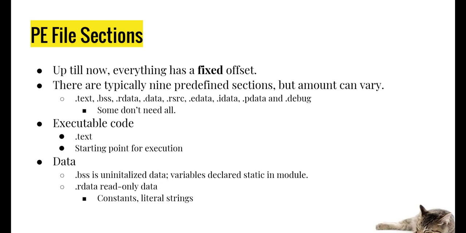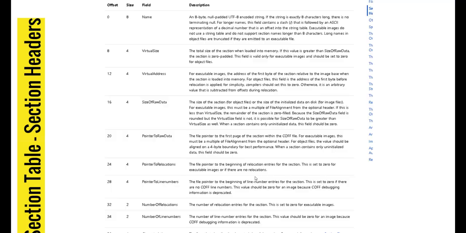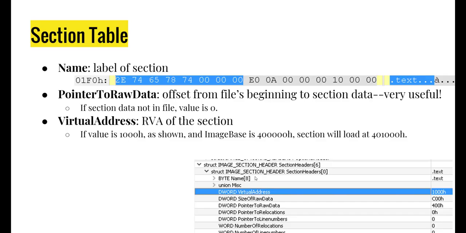Something like .text, the size is not going to be a constant because it's going to depend upon the executable code. And because these are not at fixed offsets, that's why we make use of RVAs, the virtual address, so that we have a starting point, the image base. From that image base, we can then acquire the RVA, or the virtual address, and then we can get there.